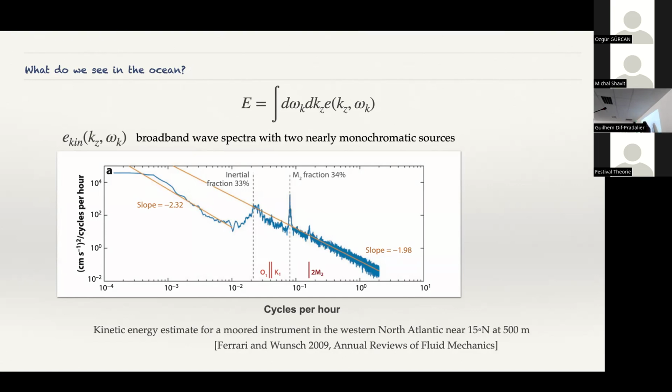What you always see is a peak at the inertial frequency. This is usually the source of internal gravity waves coming from winds and storms on the surface of the ocean. Then there is a peak at the lunar tide. And then afterwards, there is a broadband spectrum with more or less the same slope.